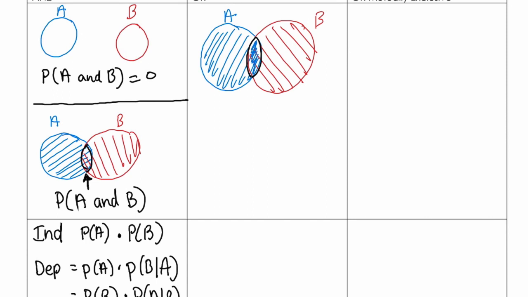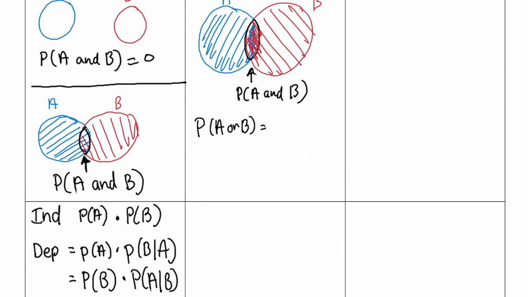So when I shaded A, I shaded this area once. And then when I shaded B, because B overlaps with it, then I shaded that area again with B. So this area in here, again, represents the probability of A and B happening.